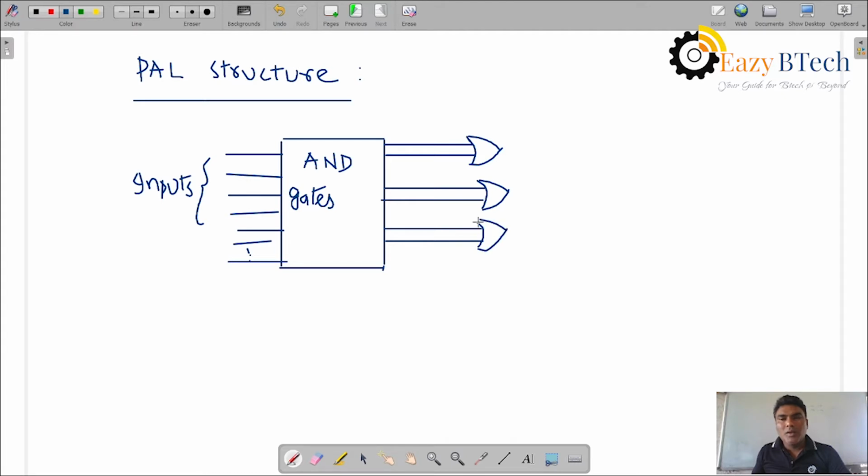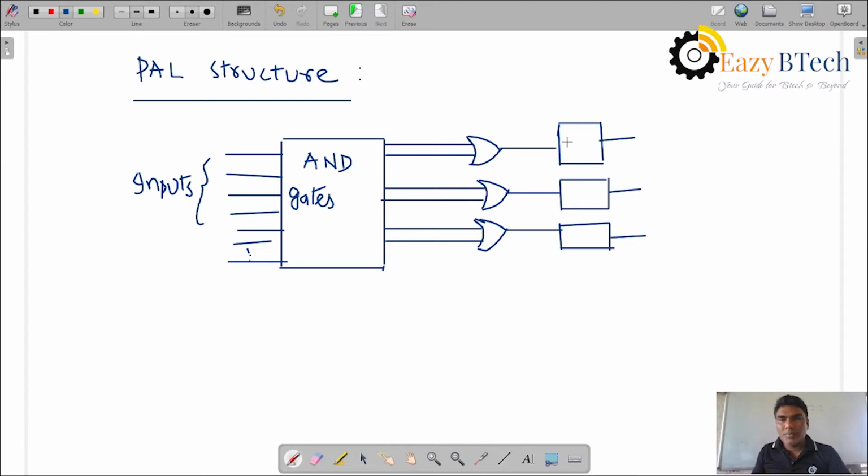This is the structure. Previously, PLA had programmable AND and programmable OR, but here only the OR is connected externally. We can add other input and output elements: flip flops, multiplexers, and XOR gates are used externally. D flip flops are used.